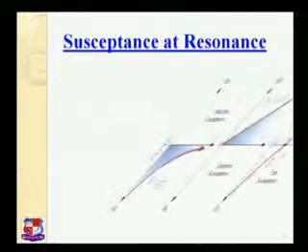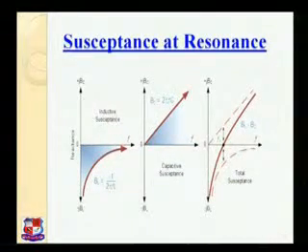This is the diagram which shows susceptance at the time of resonance. In the first diagram it indicates the inductive susceptance. Now this curve shows the variation of susceptance with respect to frequency.